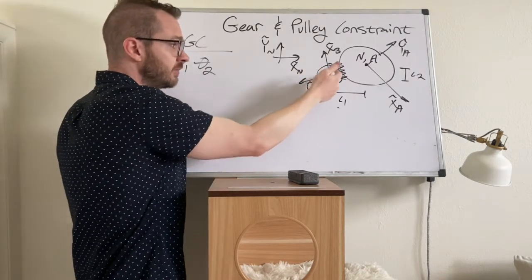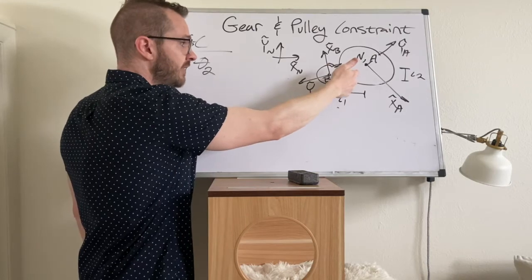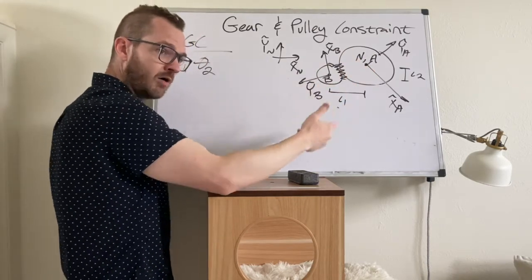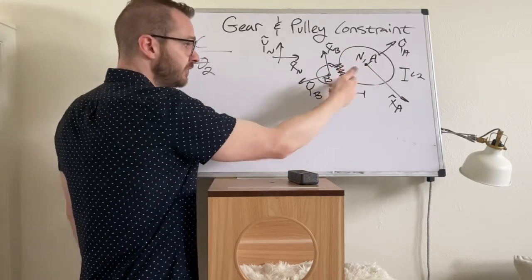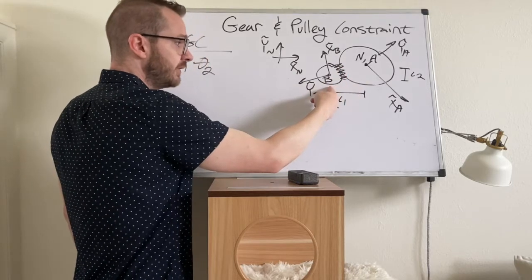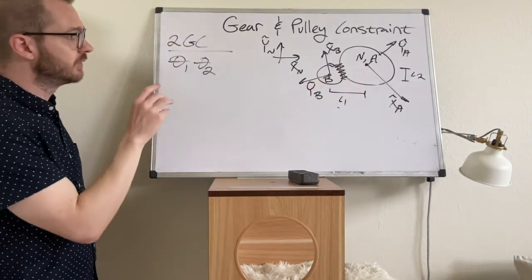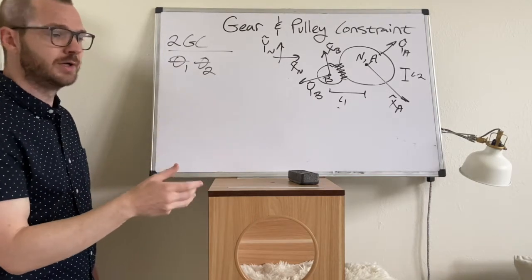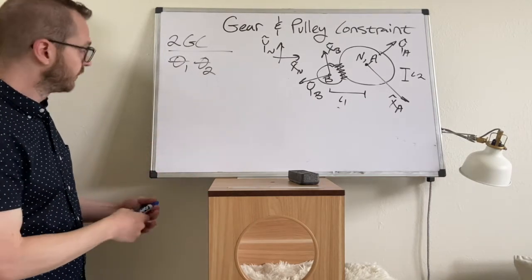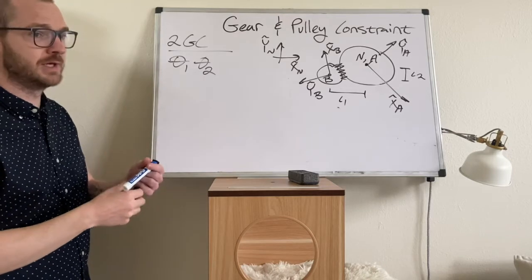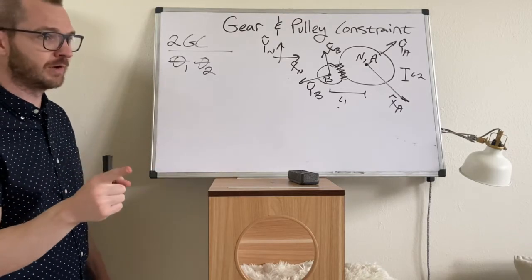And in so doing, because gear B is meshed with gear A, that's going to make gear A also move. So there's a connection between theta 2 and theta 1, right? Only one of those two can be independent. If you specify one, or if you change one, you're going to change the other one. So by intuition then, we can say that there's 1 degree of freedom.